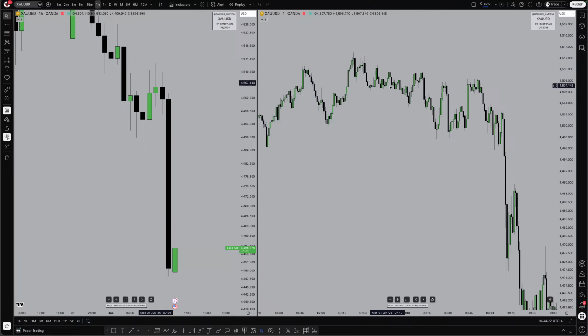So let's just take the 8 o'clock. From 8 o'clock, we retested the low of that imbalance right there. Then 7 o'clock opened, we put in a high, we also put in a high relatively equal to that, swept it before 7:30. That's a very key indicator.